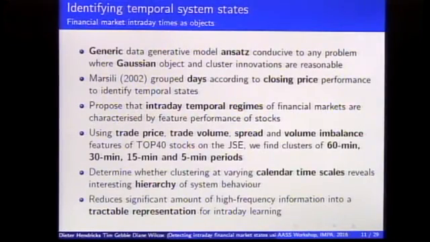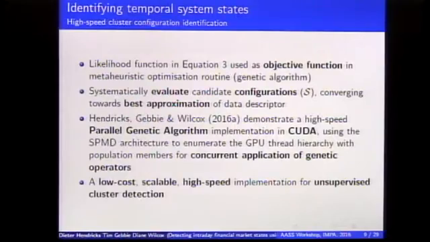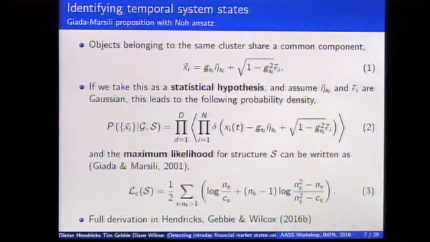So that was the initial investigation of coming up with a market clustering procedure, or unsupervised clustering procedure. The other thing I wanted to mention, what is nice about this procedure, is that it is unsupervised, in that the number of clusters as well as the configuration emerges from the procedure.